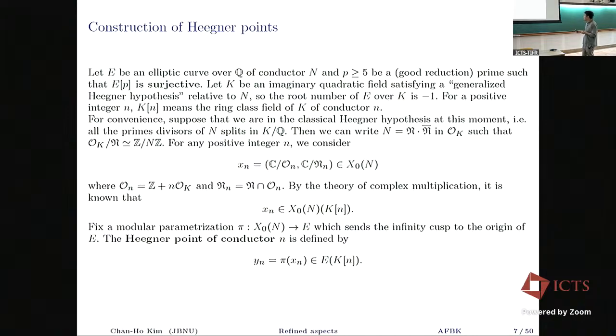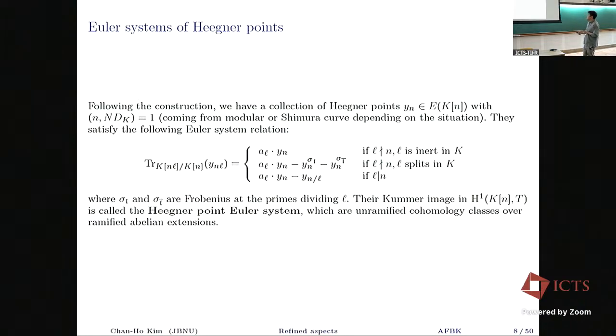So following the construction, we have the collection of Heegner points varying n, and we assume that n is coprime to N, the conductor, and the discriminant of K. It may come from a Shimura curve also, so it doesn't matter too much. And it satisfies the following, the so-called distribution relation.